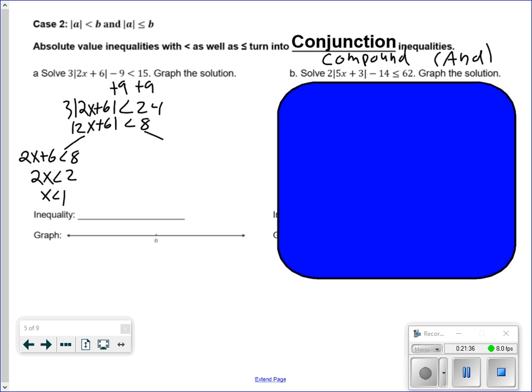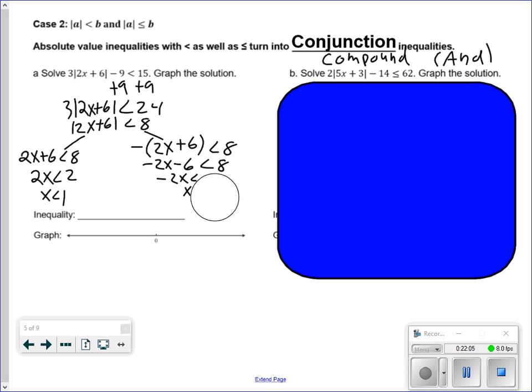And then for the right side, the negative side, negative 2x plus 6 is less than 8. I'm going to distribute out the negative inside the parentheses. Add 6. So it's 14. Divide by negative 2. We divided by a negative number, so this is when you flip the sign. X is greater than negative 7.